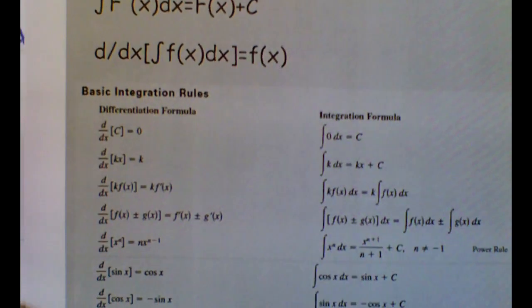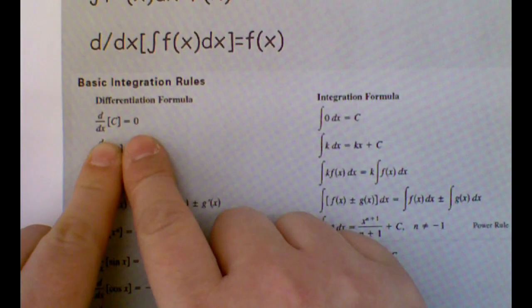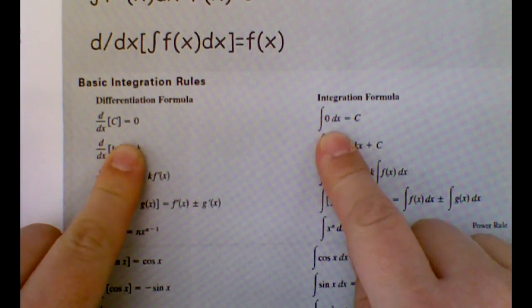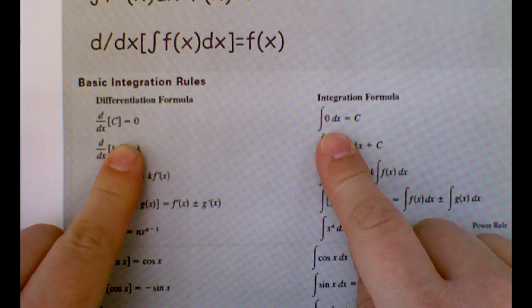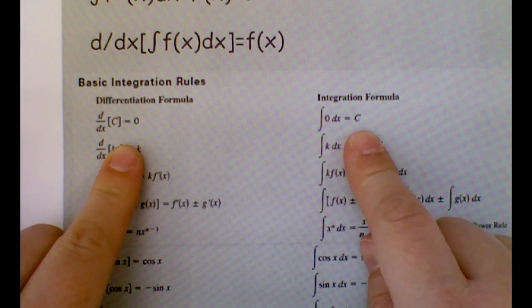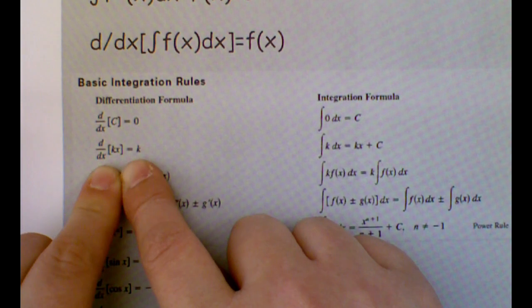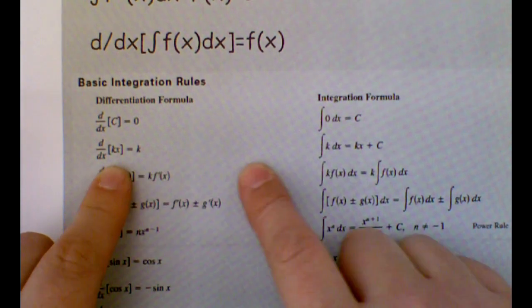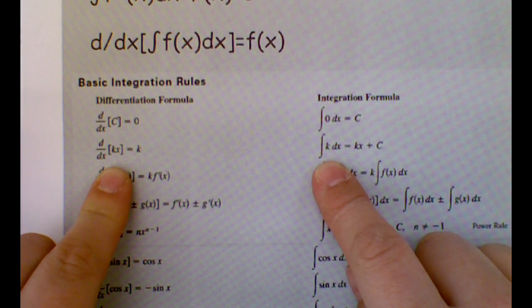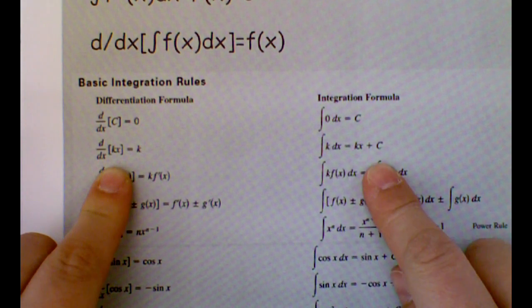So some differentiation formulas. We know that the derivative of a constant is 0, which means the indefinite integral of 0 is a constant. We know the derivative of a constant times x is just that constant. So that means the antiderivative of a constant is the constant times x plus c.